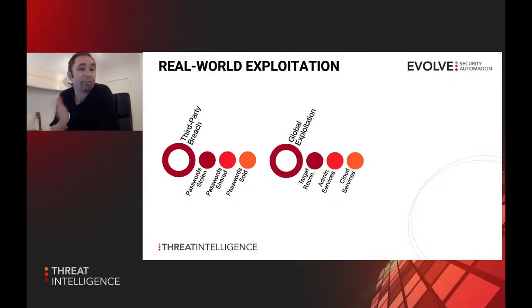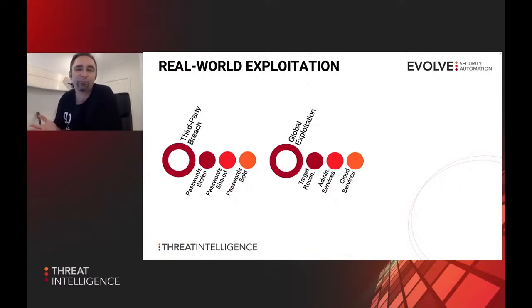It then moves on again to that global exploitation phase. And instead of trying to find a software vulnerability to exploit across the environment, these attackers are doing targeted reconnaissance of the organizations that have been leaked within the password dumps.